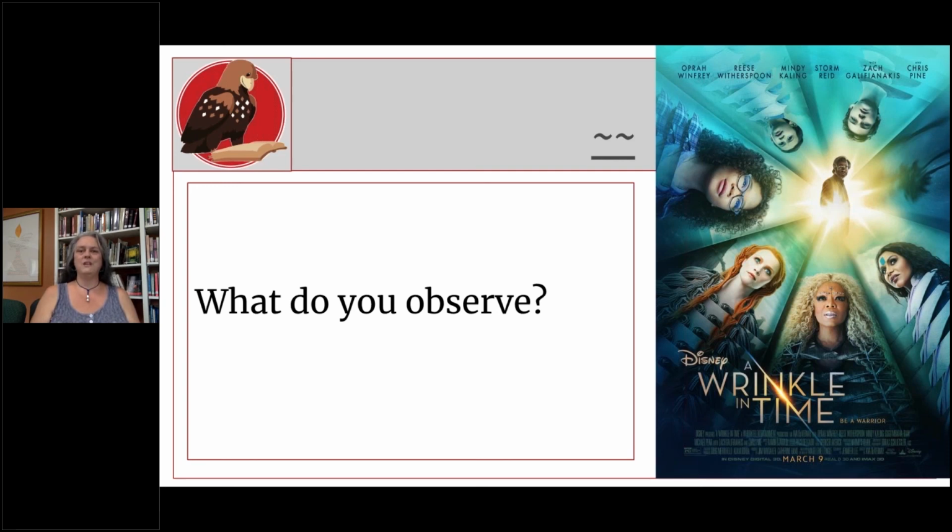The producers and director of this film made sure that there is someone with a skin tone like every single person. Everyone can see someone like themselves in this story. Everyone is invited, I'm gonna cry again, to be a warrior of the light.